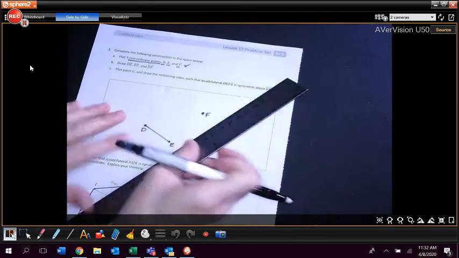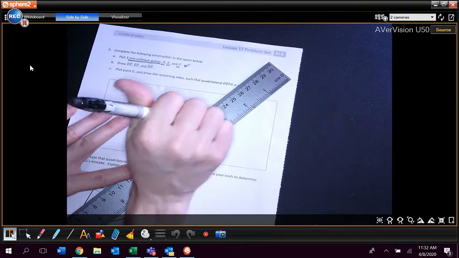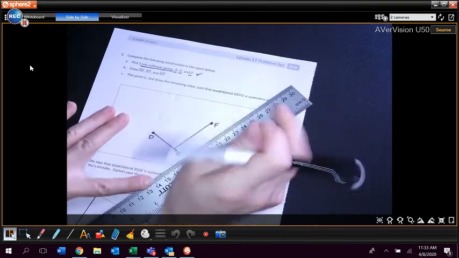So I did D, E, F. Then it says, I'm going to do a little check because I already did that. Then it says draw DE. So I'm going to draw DE, EF, a little bit off.